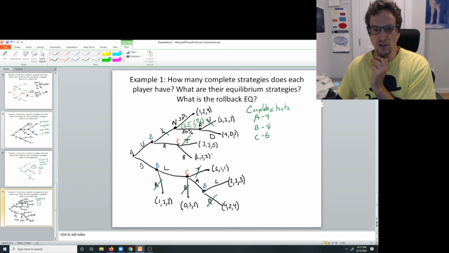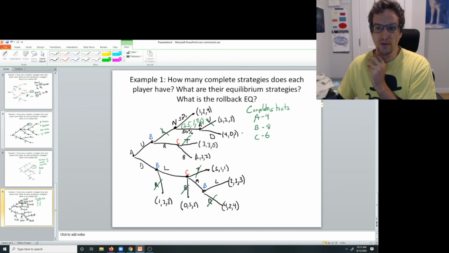So now we have 2, 2, 2 versus 2, 3, 3. A has to choose. And A is basically indifferent between up and down. Okay? So we would say both of those are equilibrium strategies.